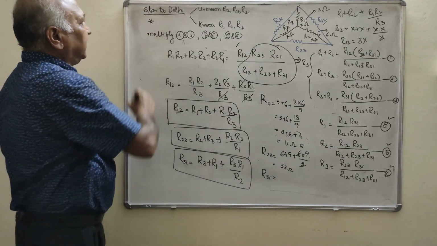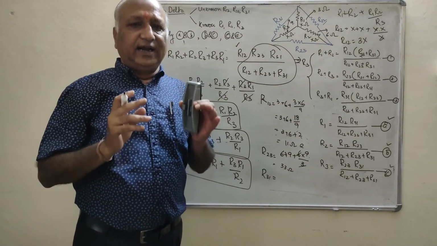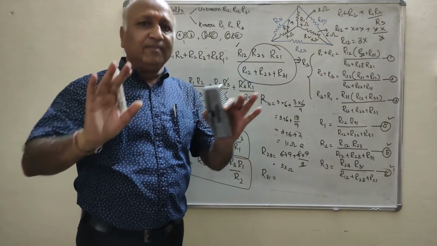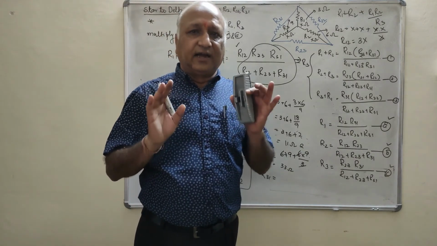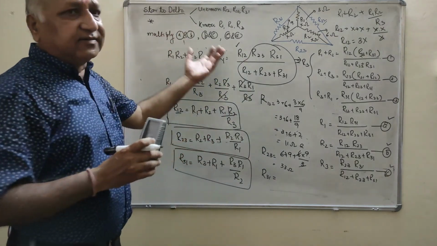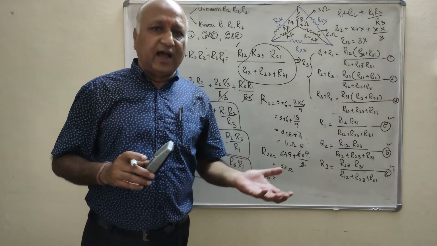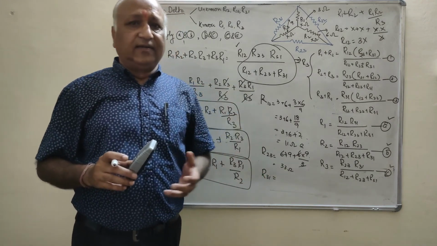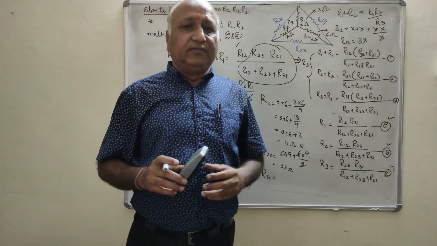Clear? Now it is clear how we convert star into delta and delta into star. Today we discussed the conversion. We derived the theorem of how to convert star into equivalent delta and delta into equivalent star. In the next lecture, we will discuss some important numerical problems.